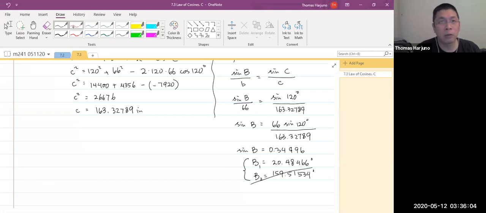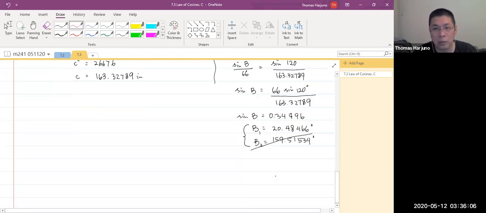Maybe I write a note down there. We cancel B2 because side b is shorter than side c, so angle B must be less than angle C. Does it make sense?